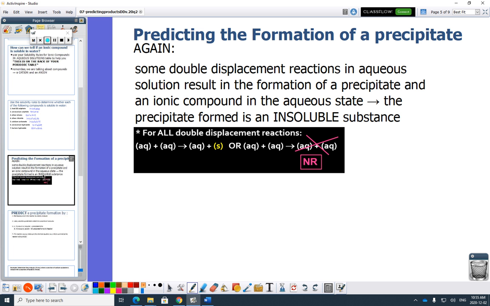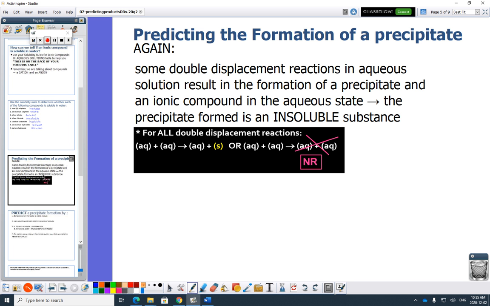So you can just check if they're aqueous or not. And then you're going to check, do we get a solid or not? And when you have double displacement, because you have 2 compounds switching partners, it doesn't matter which compound you write first. So in this general formula, I wrote this solid second in the products. That doesn't matter. You need 1 solid, 1 aqueous. If you get 2 aqueous substances, then you would put no reaction.